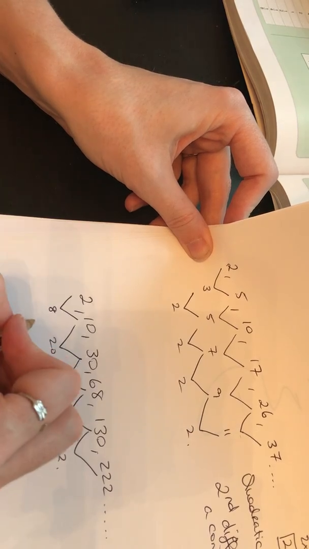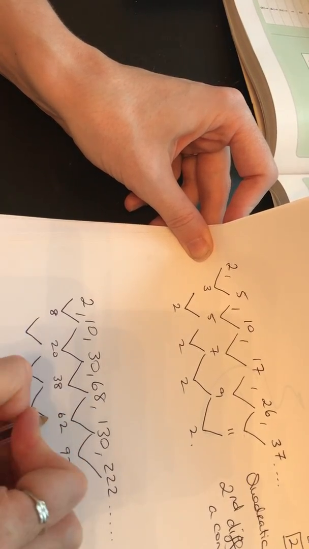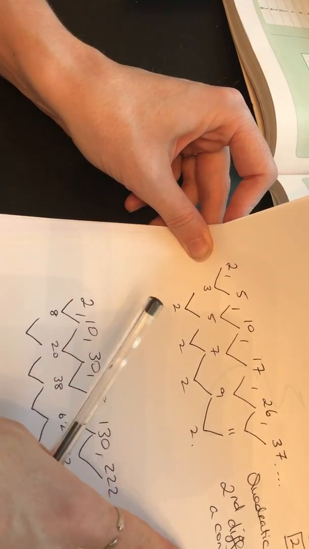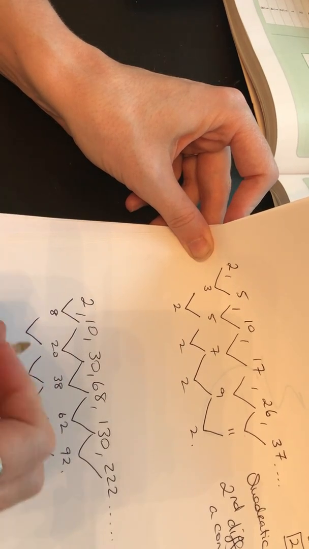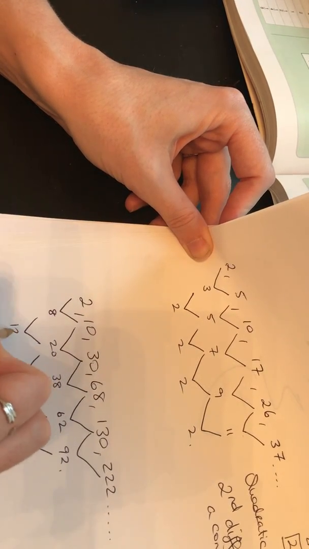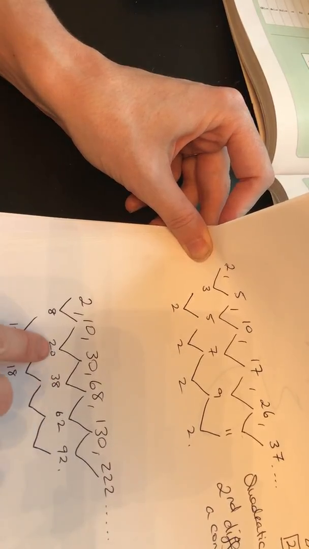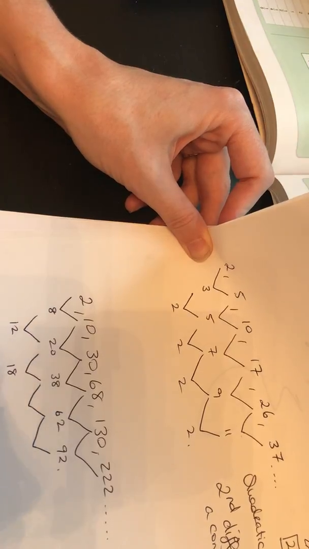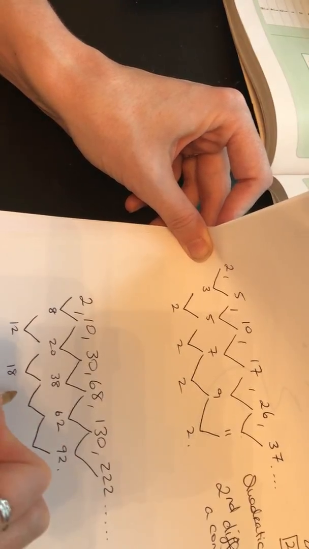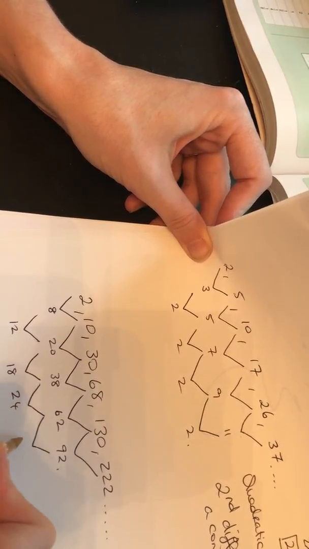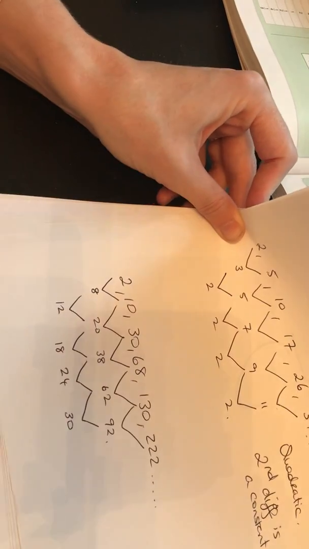Okay, so it's definitely not linear. Let's see if it's quadratic. If the second difference is a constant, we have a quadratic. And so we're looking at 12, 18. You take any term and subtract the one before it, because that's what difference means, subtraction. 24, 30. Okay, so it's not quadratic.